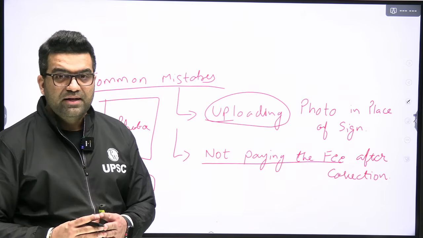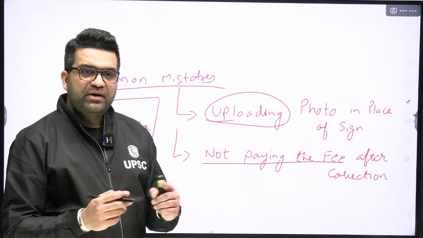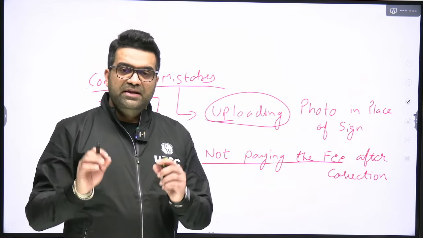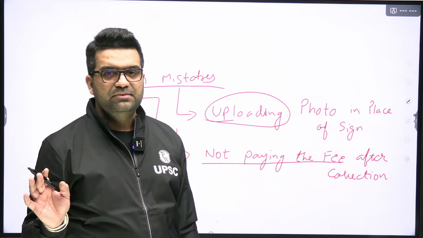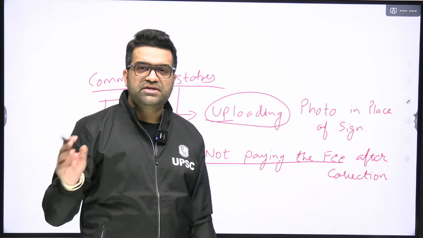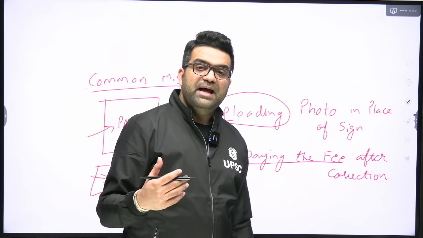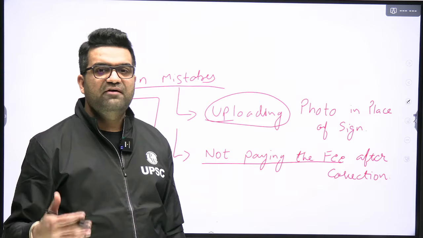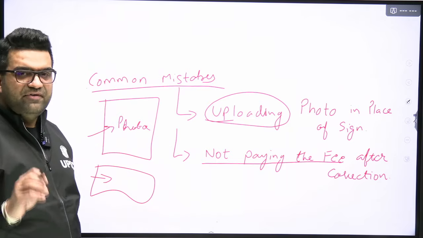No, the fee you paid against application number 1 will remain for that only, will be credited to that application. The latest of the forms submitted by the candidate will be considered. If you submit 2 forms, 3 forms, many aspirants I have seen apply 7 times, 6 times, committing one mistake after the other. So be very, very careful while filling up these forms.